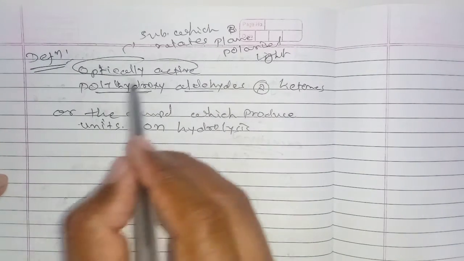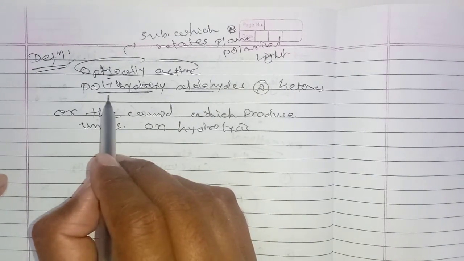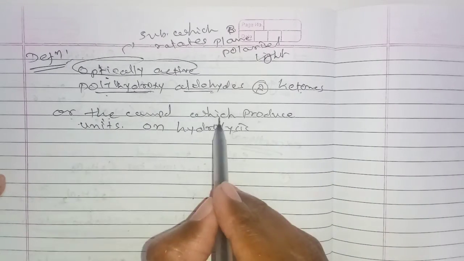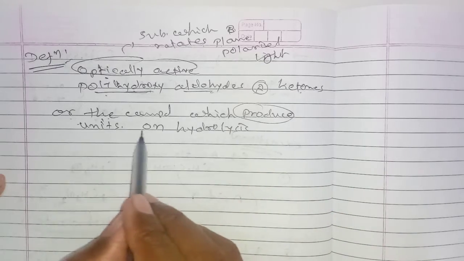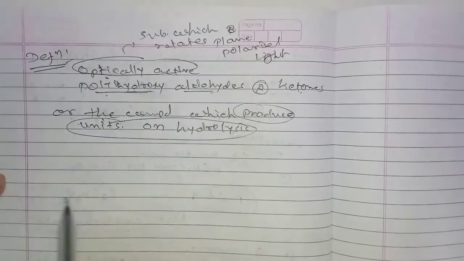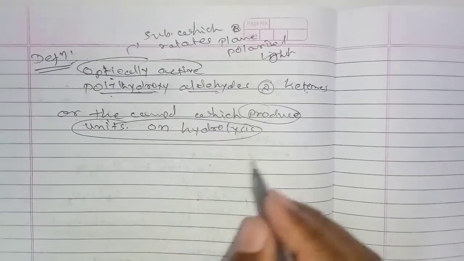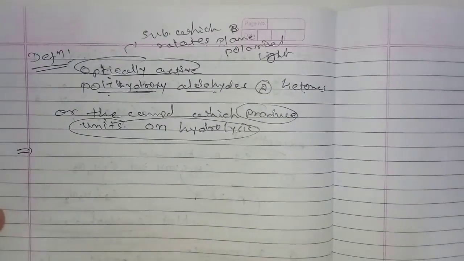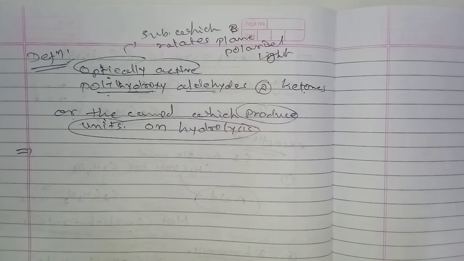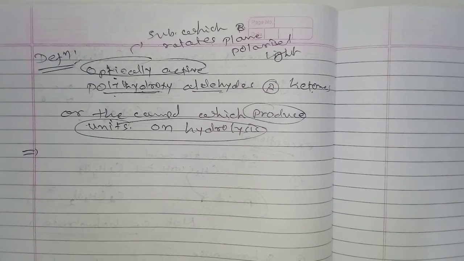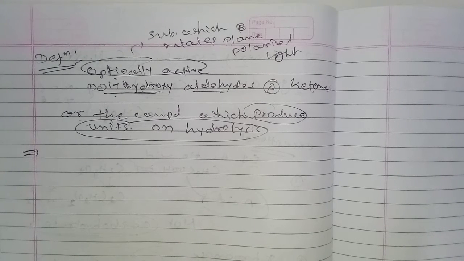So carbohydrate is defined as the optically active polyhydroxyaldehydes or ketones or the compounds which produce such units on hydrolysis. For example, sucrose on hydrolysis gives glucose and fructose.